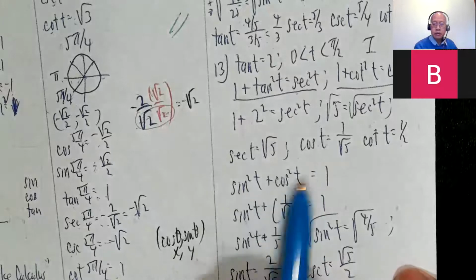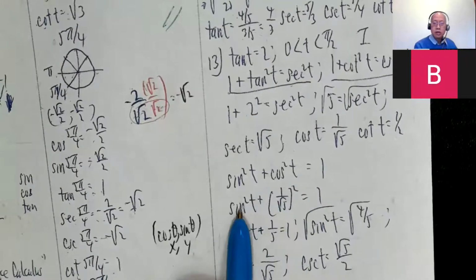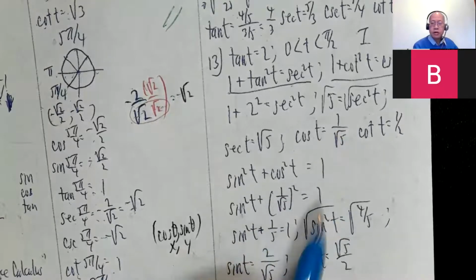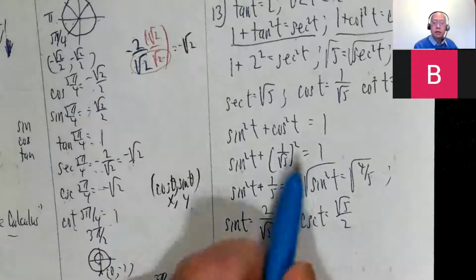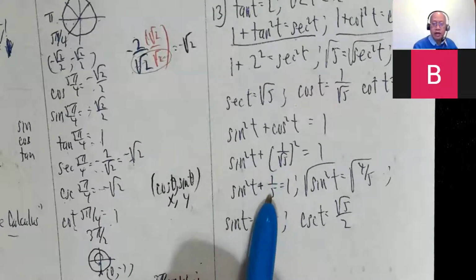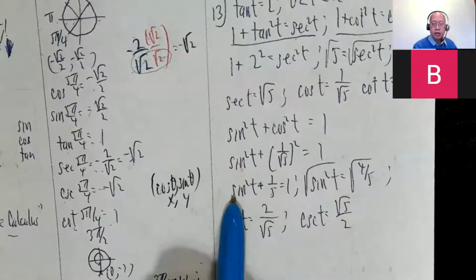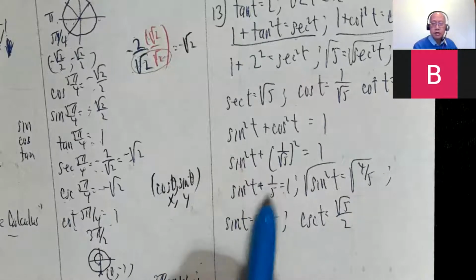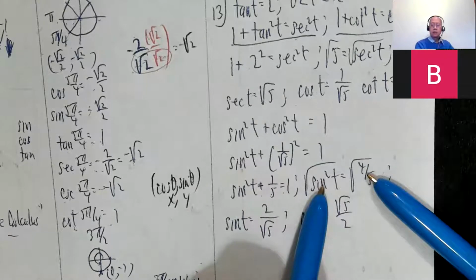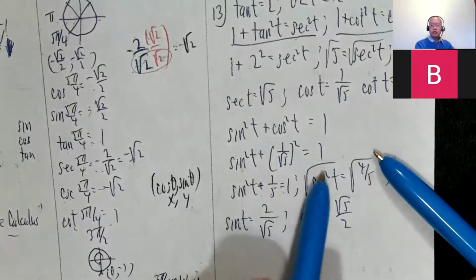So sine squared plus cosine squared is 1. Sine squared plus 1 over radical 5 squared equals 1. 1 over radical 5 squared is 1/5. So sine squared of t plus 1/5 is 1. Subtract 1/5, I get sine squared of t is 4/5. Take the square root of both sides.